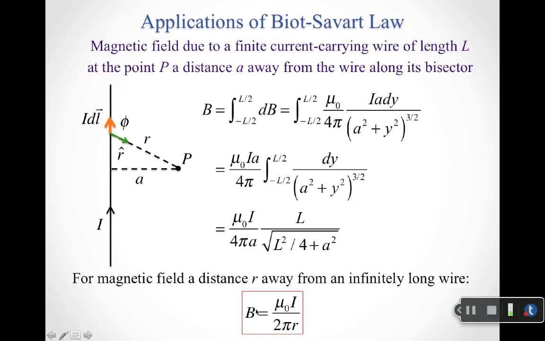We've used the Biot-Savart Law to get an expression for the most common contributions that we're going to use, some circular arc or some infinitely long wire, and now we're just going to come back and add those together using superposition to get the net magnetic field at point P.